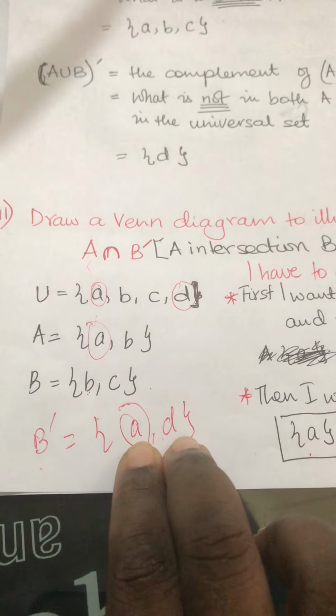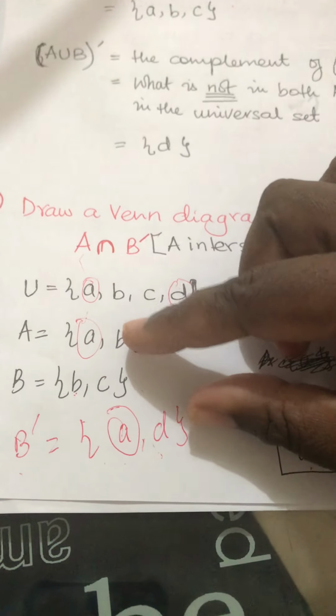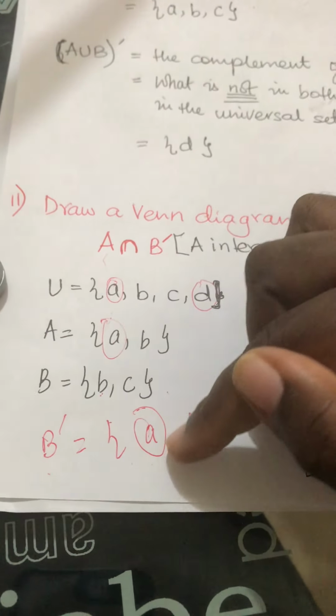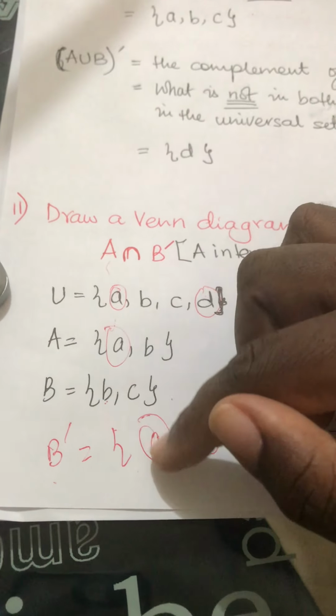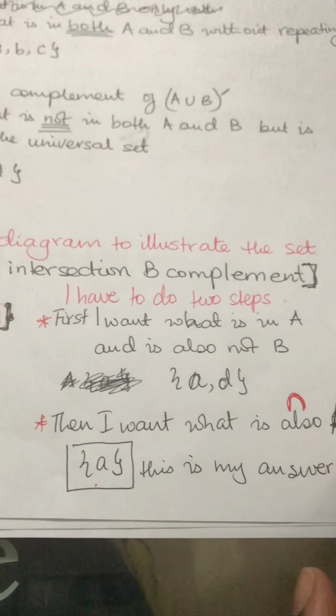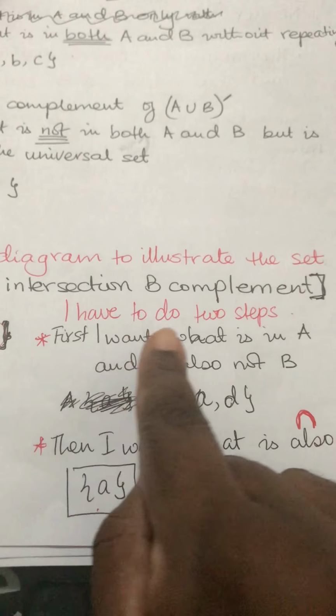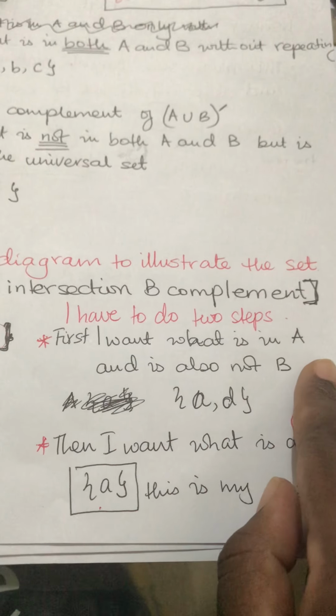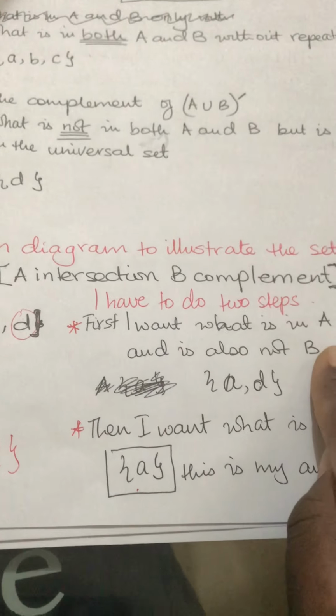Once you find A and D, now you want to find the intersection of A and B complement. What is in both sets? What is in both sets is A. So that is what I wrote over here. First, I want what is in A and what is also not in B. That is what this question wants.